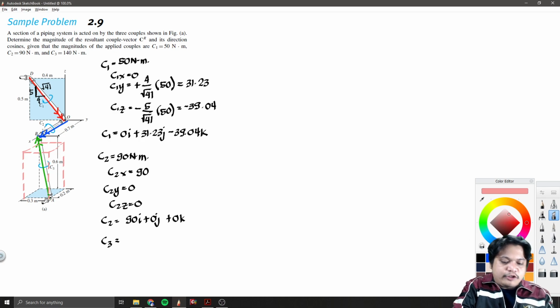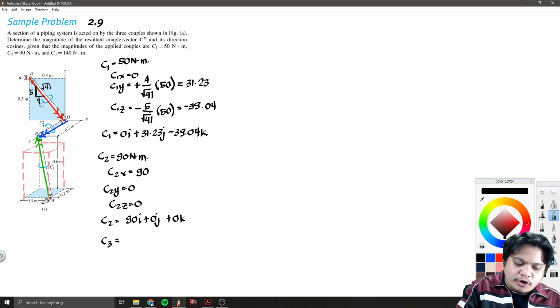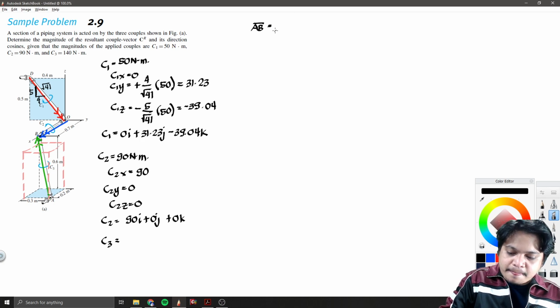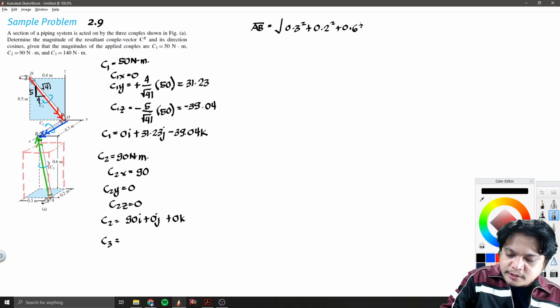Yan. Okay? Yung diagonal niya, no? Yung pinaka-diagonal natin, so yung pinaka-length from A to B. Okay? Segment A to B. So that is equal to the square root of 0.3 squared plus 0.2 squared plus 0.6 squared.